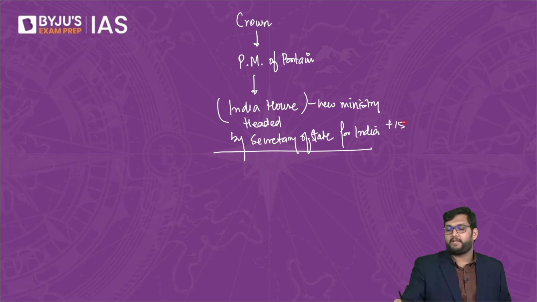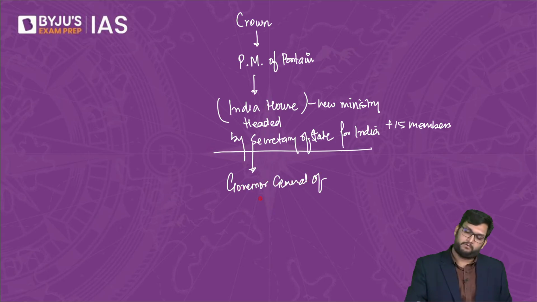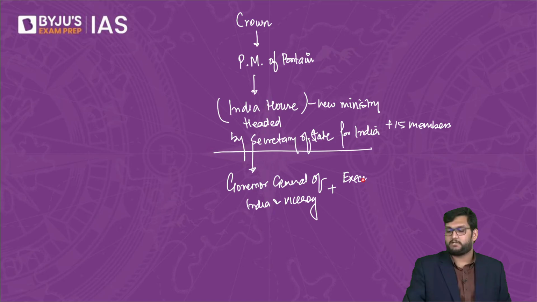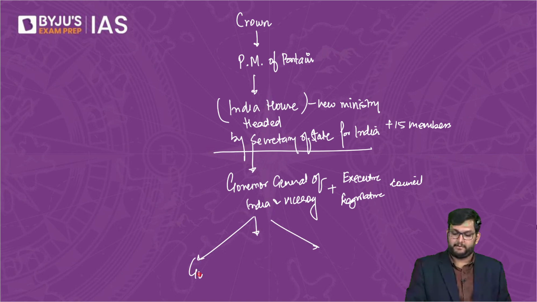He will have 15 members to help him. He will then work via the Governor General of India and Viceroy, plus his Executive Council and his Legislative Council. And thereafter, he will control the different governors.